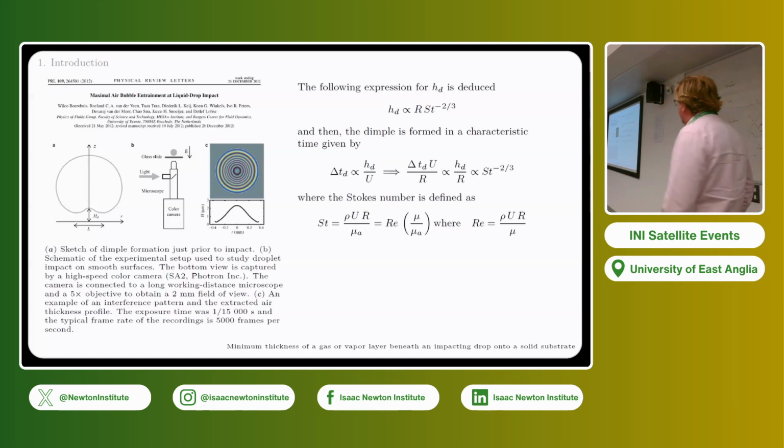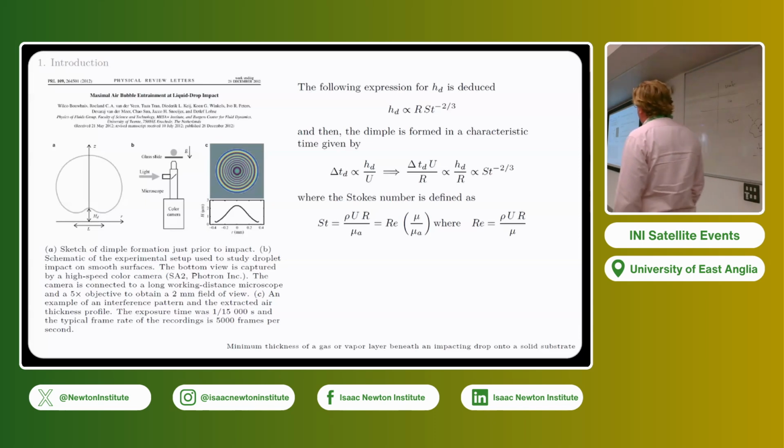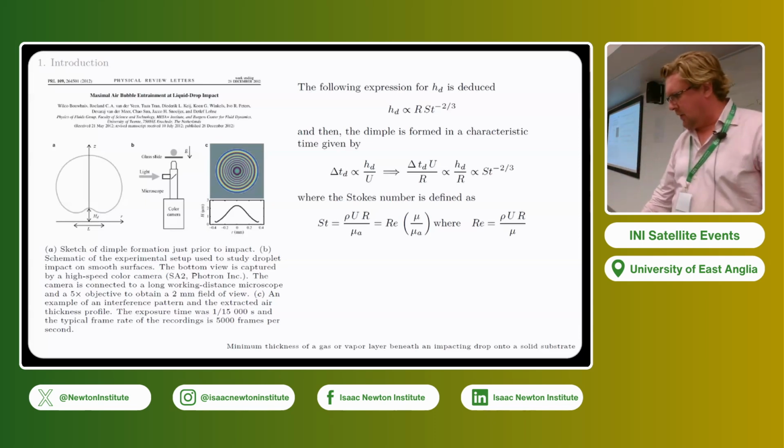This scaling is a power law of the Stokes number. The Stokes number is like a Reynolds number based on the viscosity of the air. So it's a Reynolds number multiplied by the ratio of the viscosity between the liquid and the air.